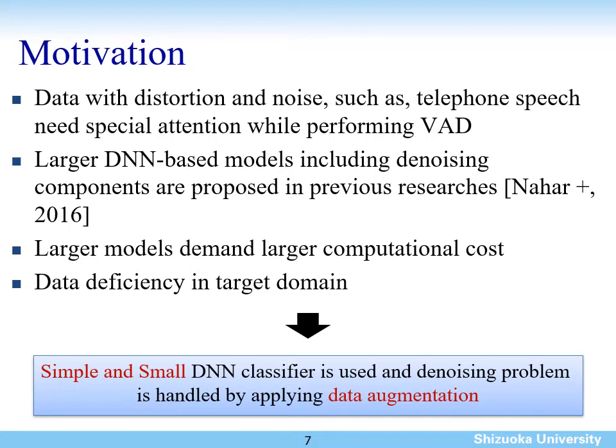Those include denoising component as well as classifier components together. But larger models demand larger computational cost. We also try to overcome data deficiency problem in target domain by creating augmented training dataset using minimum amount of simulated distorted noisy data.